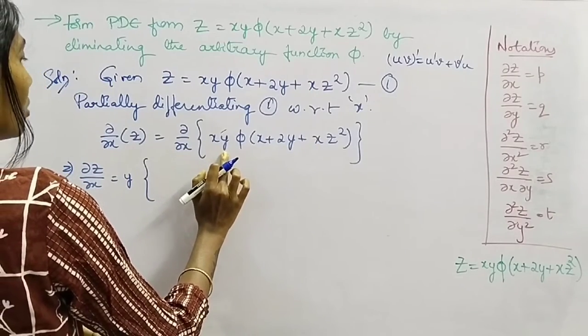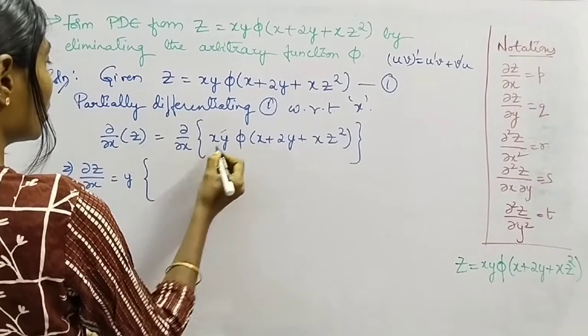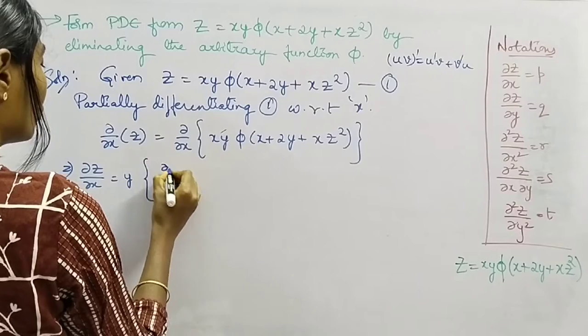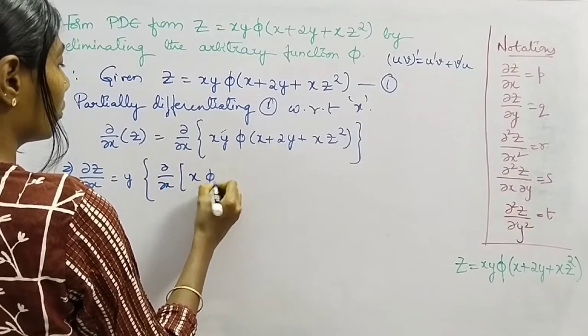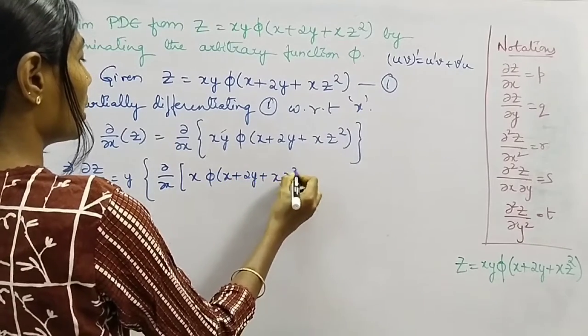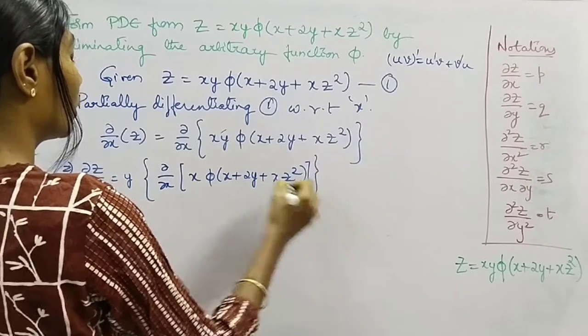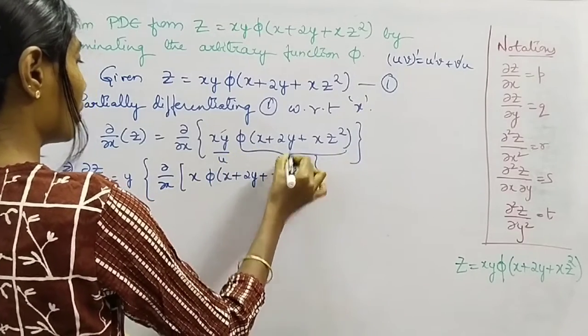I am just pulling this y out so that I'll get the partial derivative of x into phi of x plus 2y plus xz square. You can take it as u and this as v, okay?